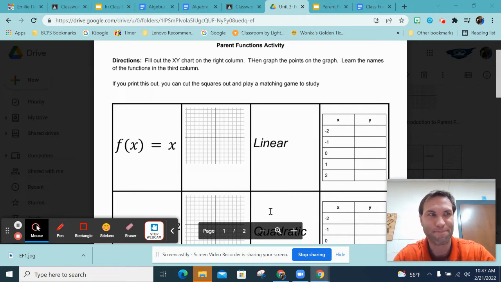And you could just look it up or graph it in Desmos, but I think it's really important that you have the number sense, the algebraic reasoning sense, as to why the shape is that way. So in this, I want you to actually do the XY chart.